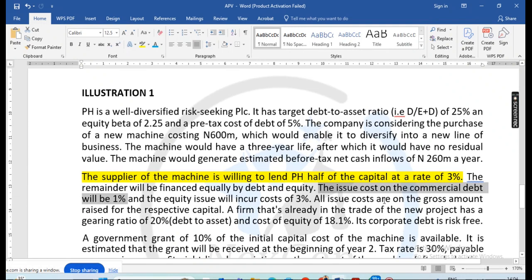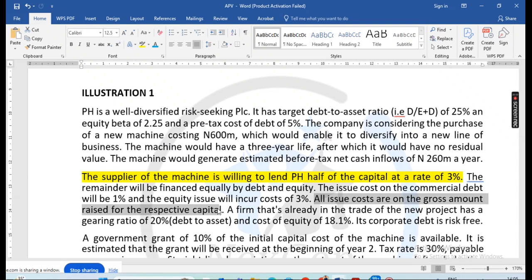All issue costs are on the gross amount raised for the respective capital. All issue costs are on the what? On the gross amount. What it means is that when all issue costs are on the gross amount, the amount we are giving to you is the net amount.